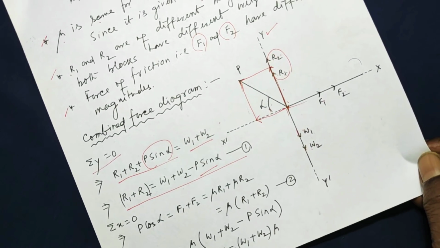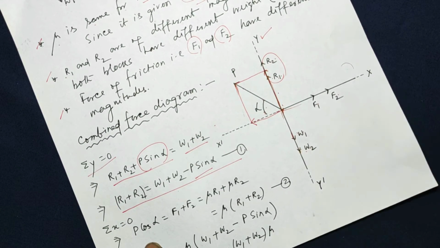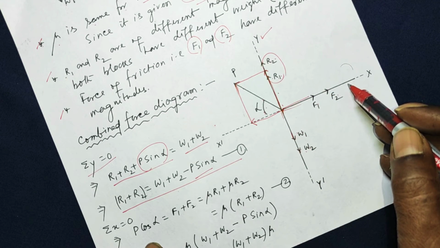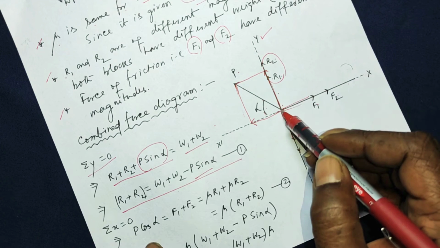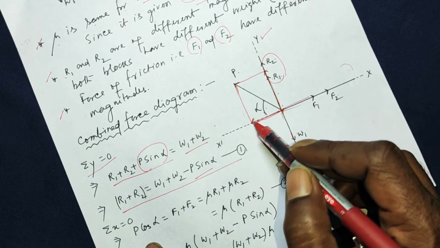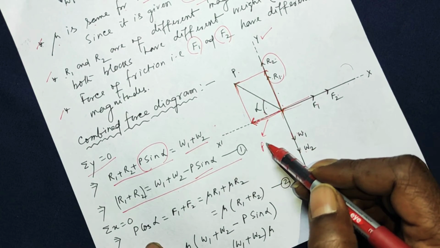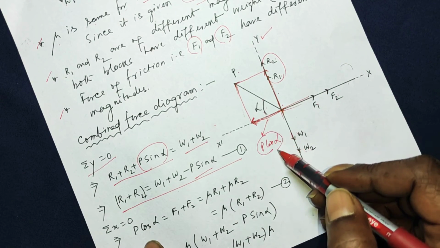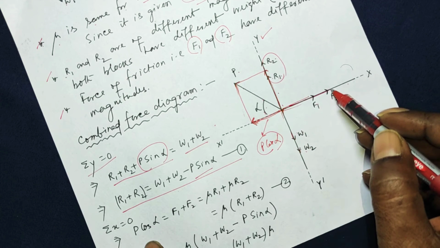Then apply sigma x equal to 0. F1 and F2 are along the positive x-axis, and the component of P along the negative x-axis, this length, will be P times cos alpha. So P cos alpha will be balanced by F1 and F2.